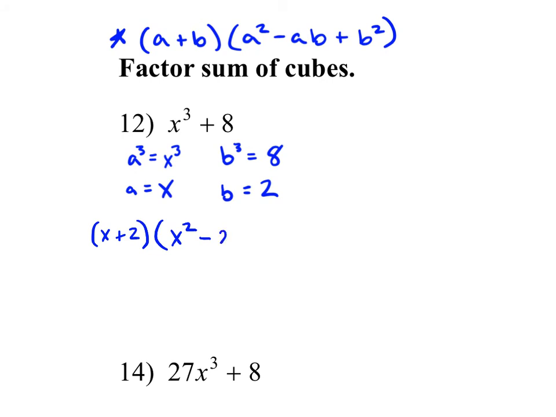X times 2, but we would write that with the number first, so 2x. And then plus b squared. So how do we write b squared? What's 2 to the second power? 4. Awesome. 4. So this is our answer. Any questions here?